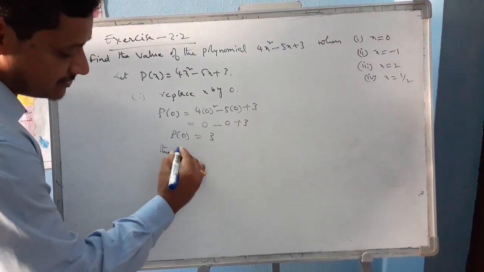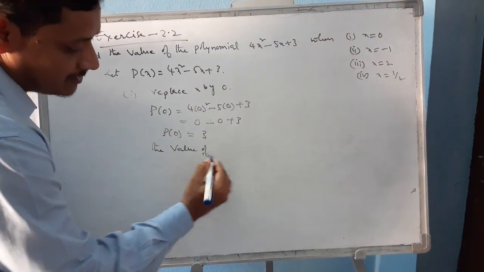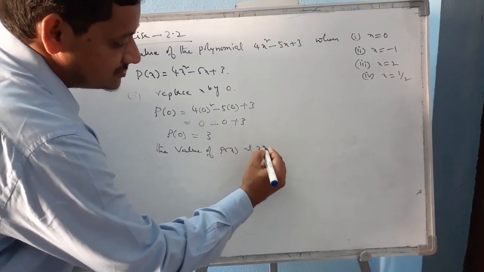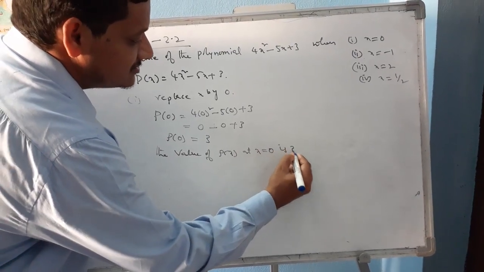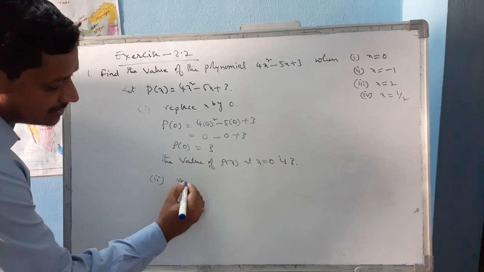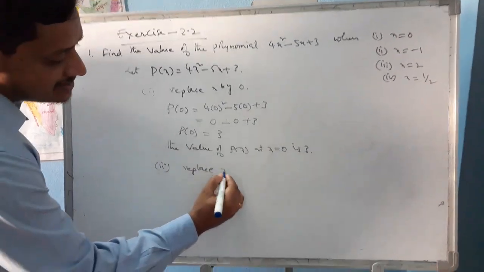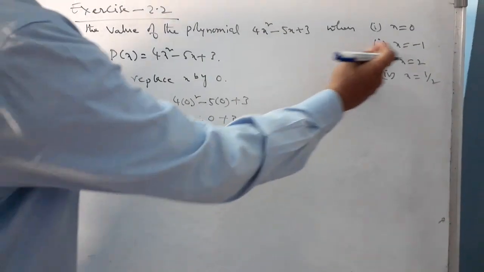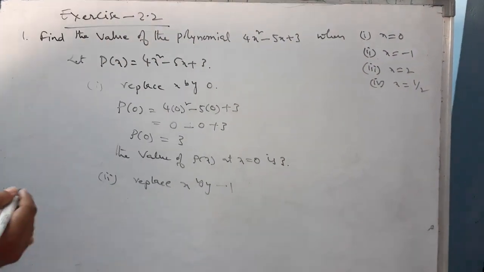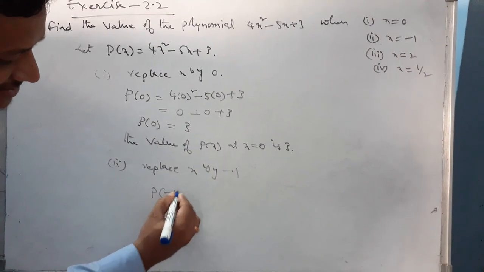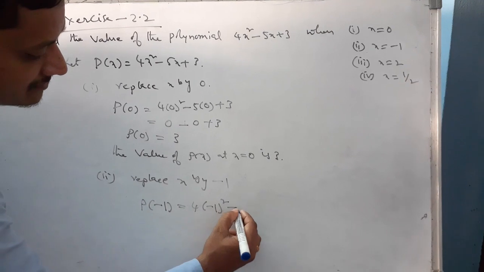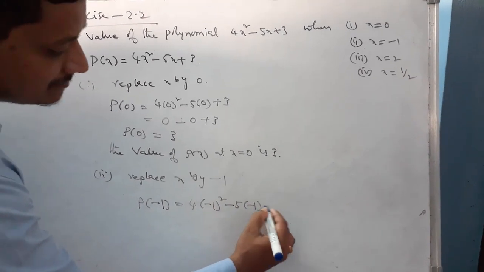So the value of p of x at x equal to 0 is 3. Second one, x is equal to minus 1, so we have to replace x by minus 1. So p of minus 1 is equal to 4 into minus 1 whole square minus 5 into minus 1 plus 3.